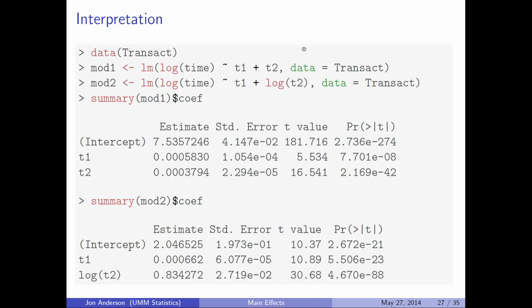Our first model, Model 1, has the number of Type 1 transactions and the number of Type 2 transactions explaining this response. The second model has Type 1 transactions in the original linear scale, and it has the natural logarithm of Type 2 transactions. Here are the coefficient estimates for both Model 1 and Model 2.